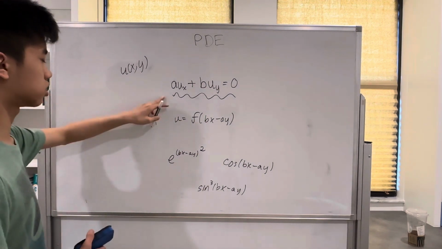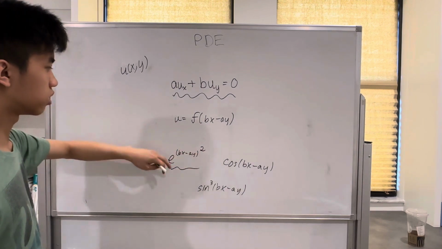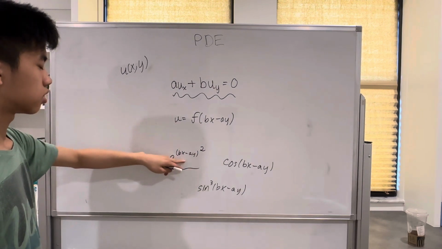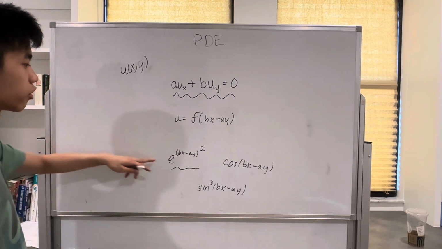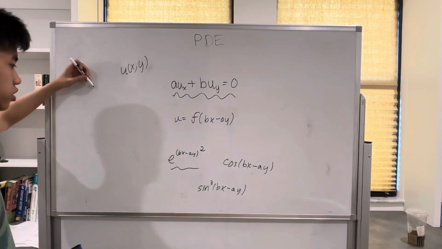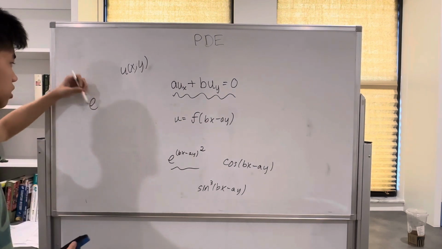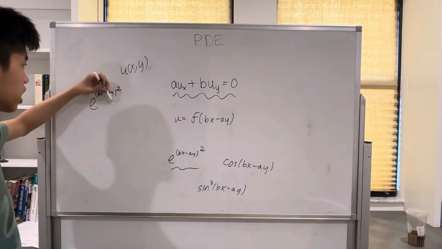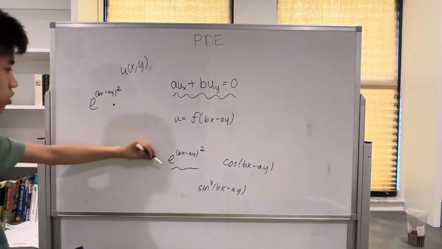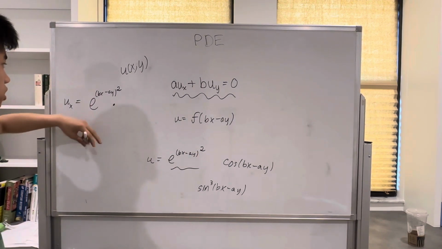So let's take the partial derivative of this with respect to x and y, plug it in there and verify. So we get e to the (bx minus ay) squared times, okay, if this is u, then this will be u of x.